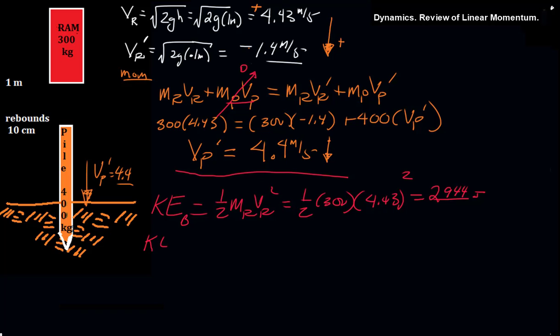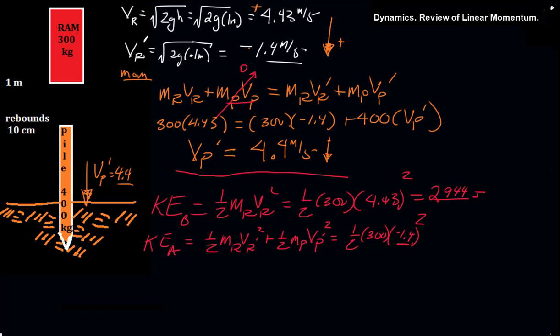And the kinetic energy after is 1/2 m_ram v_ram prime squared plus 1/2 m_pile v_pile prime squared, which is 1/2 times 300 times negative 1.4 squared, but that's going to become positive when we square it.